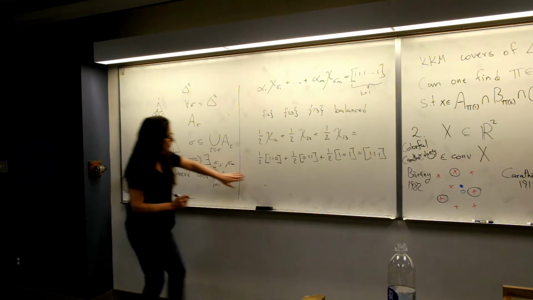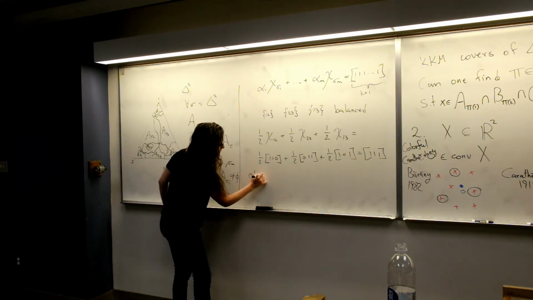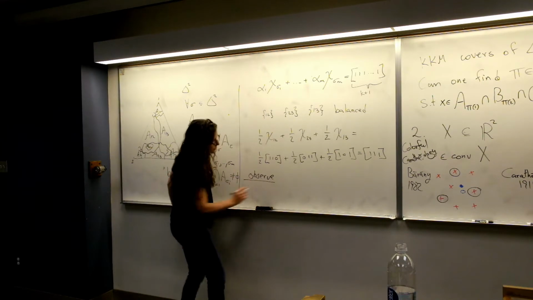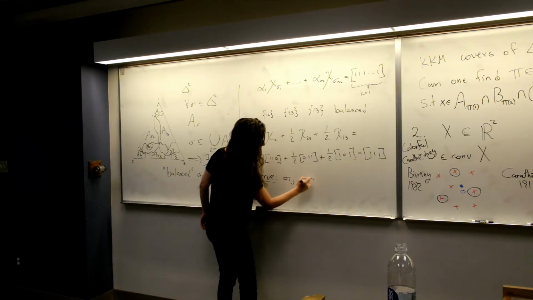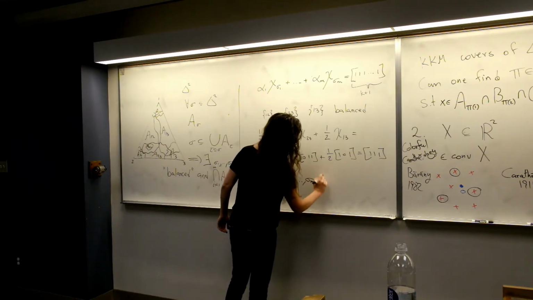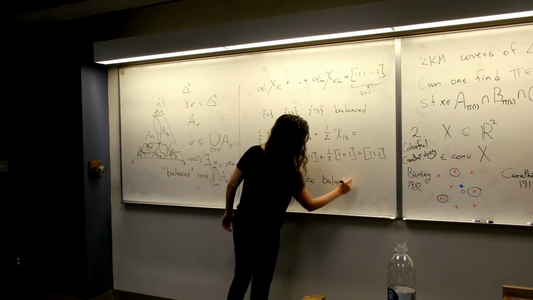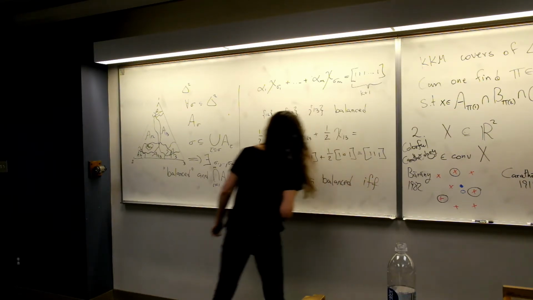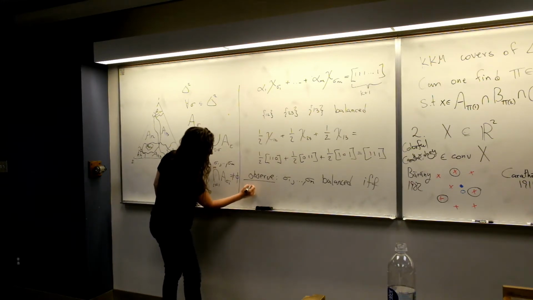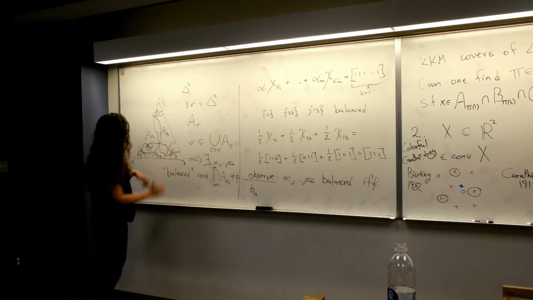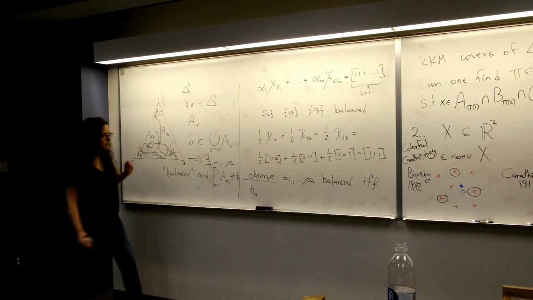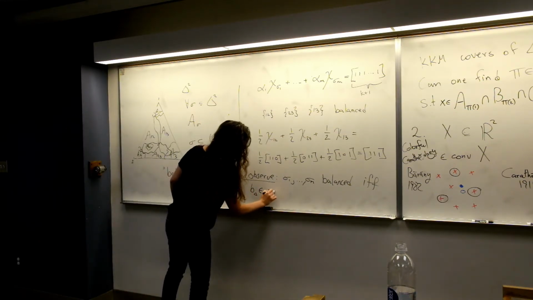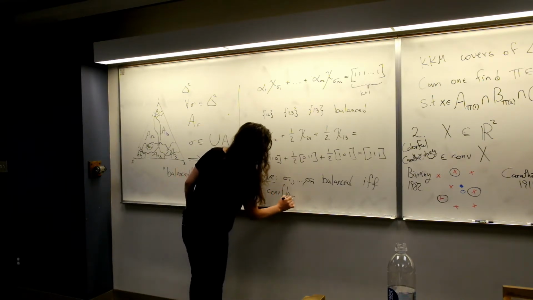Okay. Now an easy observation is that sigma 1 to sigma m are balanced if and only if the barycenter of the simplex, the center of gravity of the simplex, is in the convex hull of the barycenters of these faces.